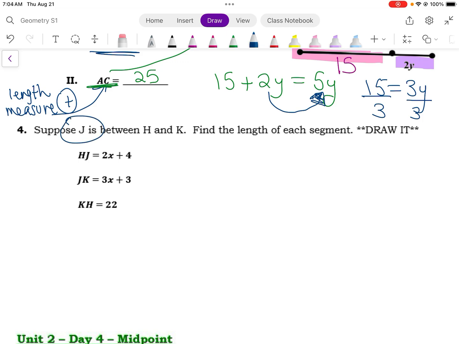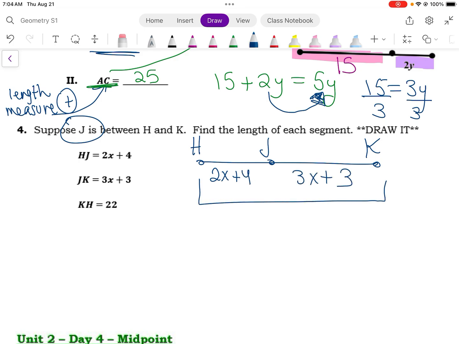Okay, it says J is between H and K, so I'm going to make a line segment, and I'm going to make J in between. And then we have H and K. All right, so HJ is 2x plus 4, JK is 3x plus 3, and then again, the whole thing is 22. So I have this segment, and I have this segment, and then I have the entire thing.